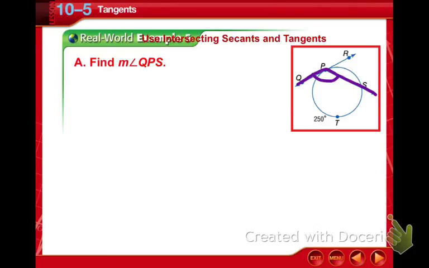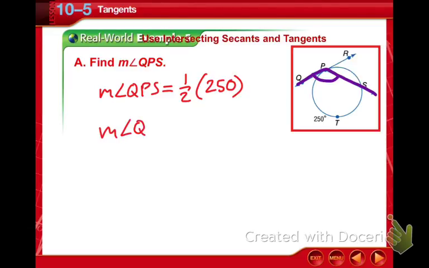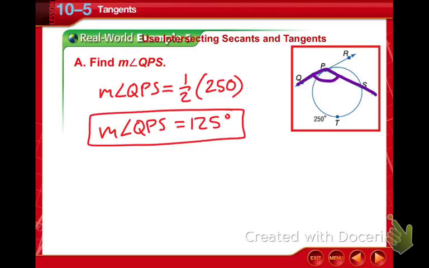So all we have to do is, the measure of angle QPS is equal to 1/2 the measure of the arc, which is 250. So 1/2 of 250 is 125. That's it. So, let's do another one with this theorem.